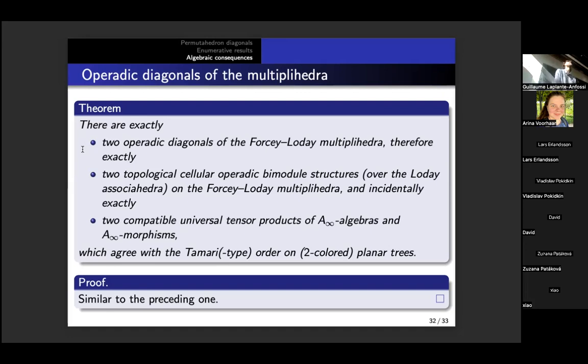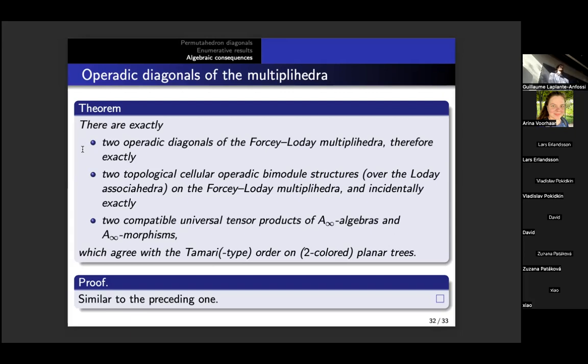So in the beginning of your story, you were talking about the iterated diagonals. So for binary diagonals, we have Saneblidze, and we have the Laplante-Anfossi plus 1, and that's the full set that works operatically. Does that hold in all iterations? What is it exactly that you're asking?